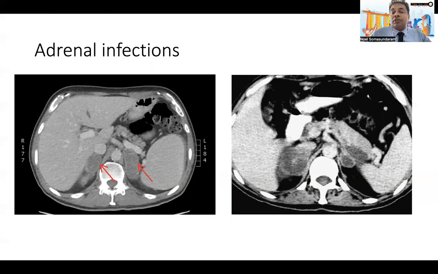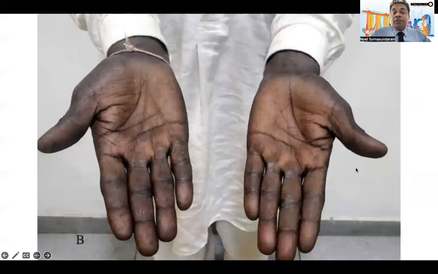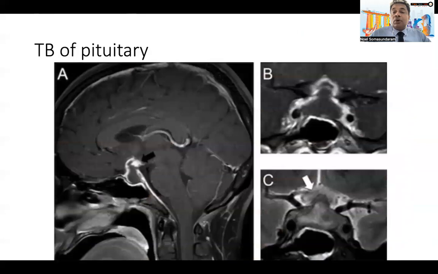On the right, we see ring enhancement of the lesion with hypointensity in the middle, asymmetric bilateral lesions. As you can see, this is typical of TB adrenalitis, which can present subsequently with adrenal insufficiency due to destruction of the adrenal cortex by the tuberculous organisms.